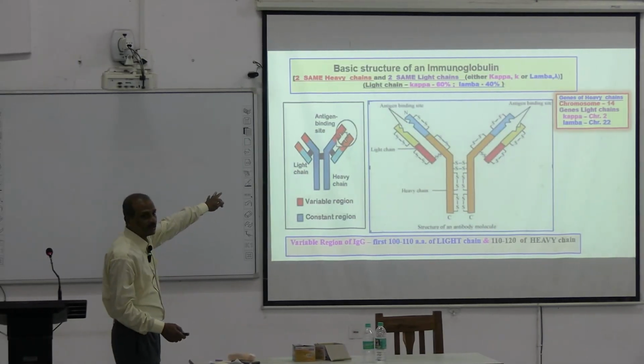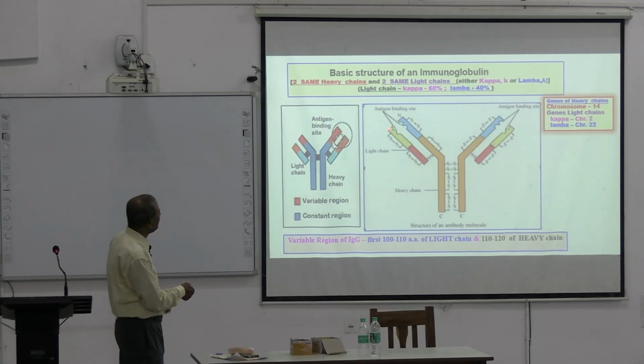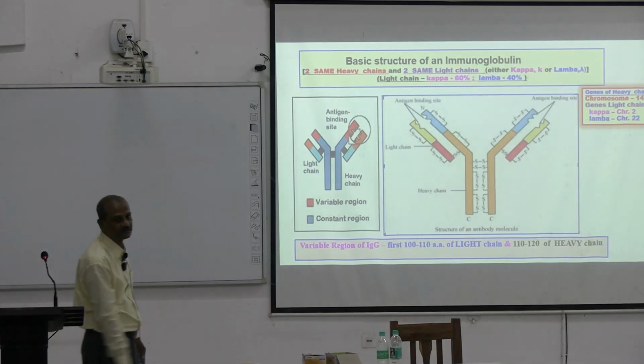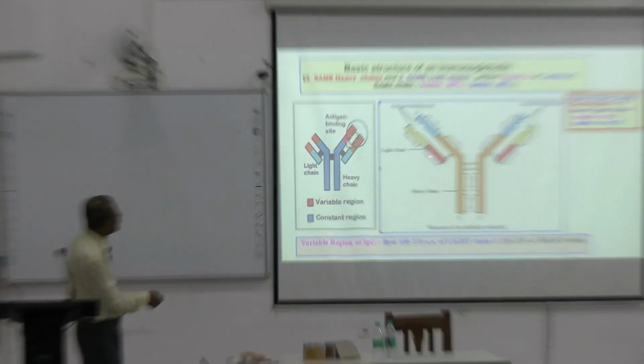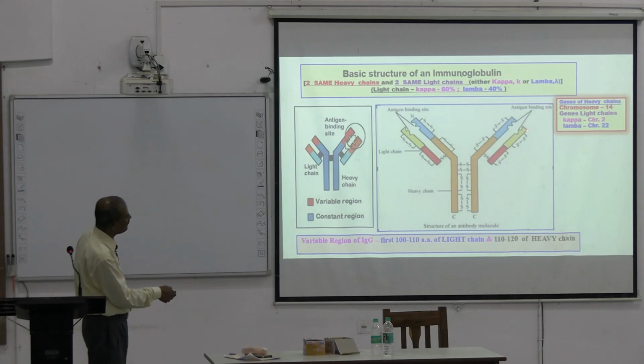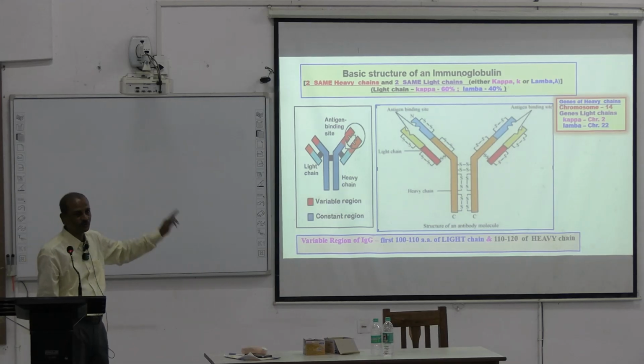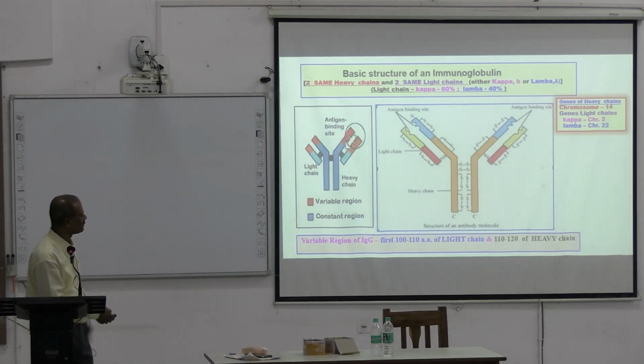So this part I think you are clear. This is basically the variable region. This is basically the antigen binding site, not the heavy part. Although this is called an FAB fragment, this part is concerned with the antigen binding, and it is much more complex, which I will tell you shortly in detail.